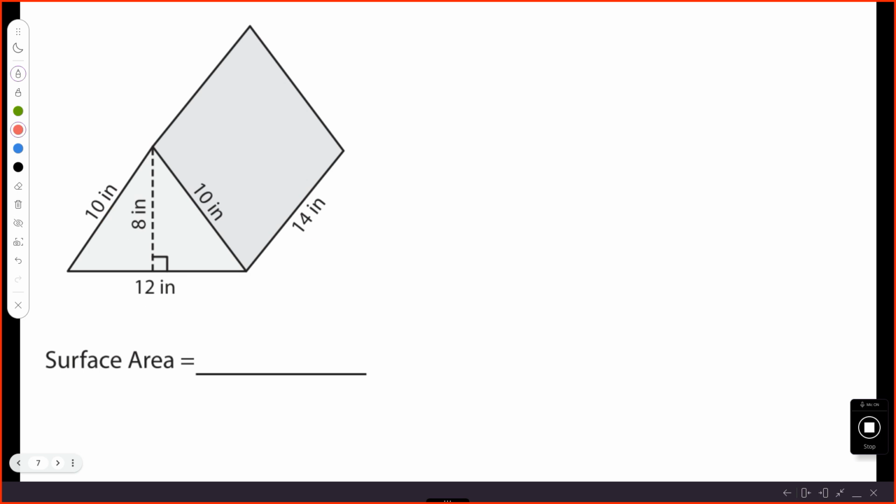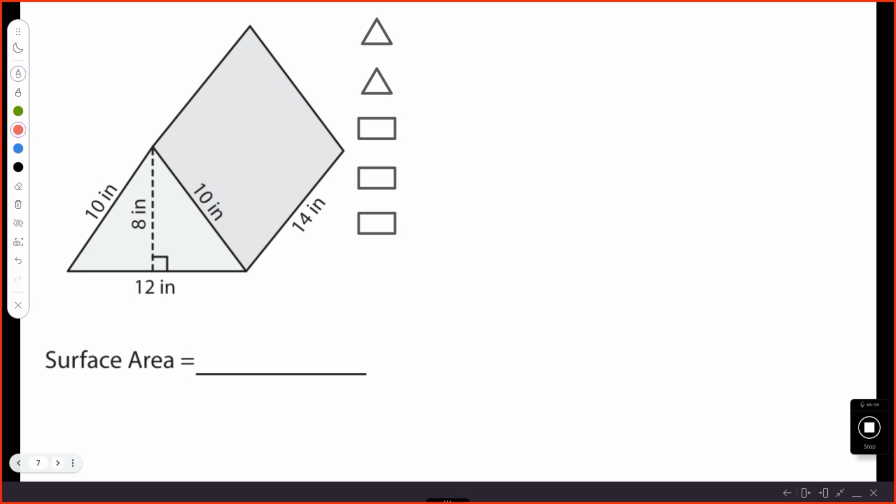So what we need to do is figure out how many faces we have on a triangular prism. And the answer to that is 5. We have 2 triangles, which are equal, and then we have 3 rectangles. I like to line it out like that on my paper so that I know what I'm looking for. And now that I have this on my paper, I can start looking for what I have.